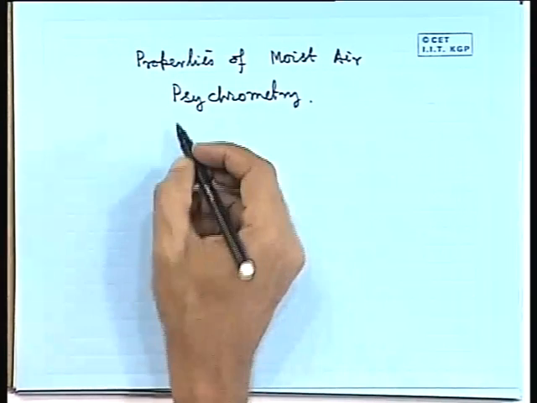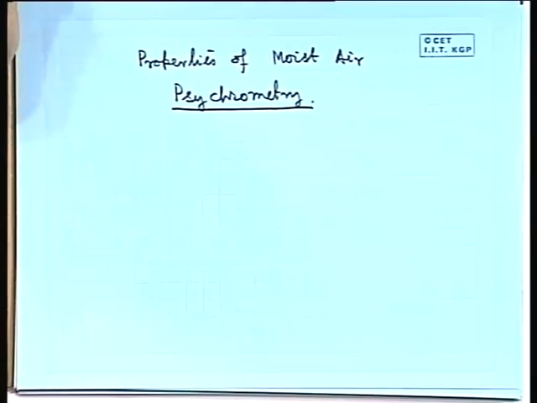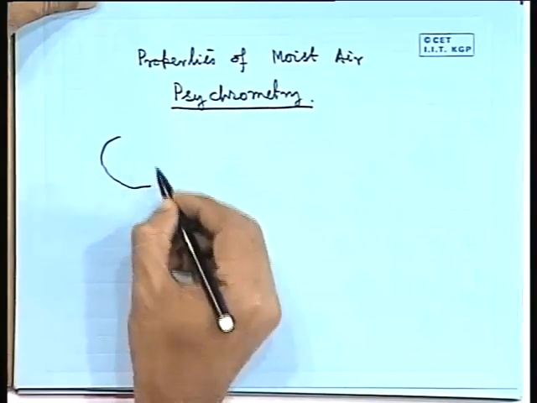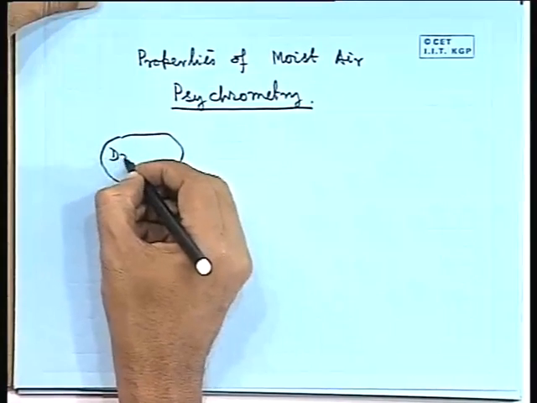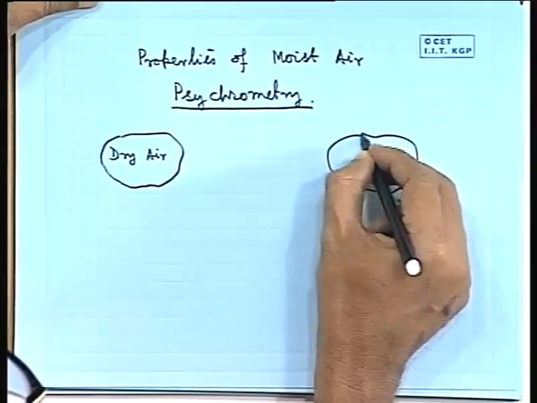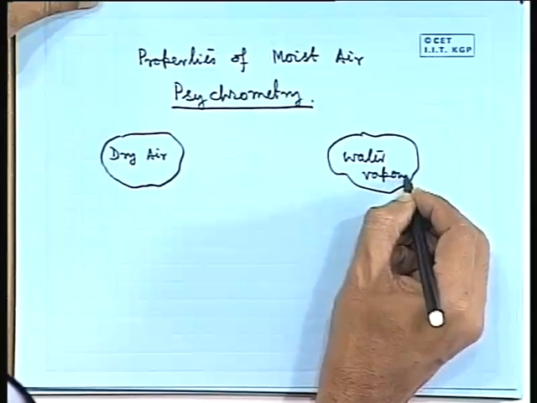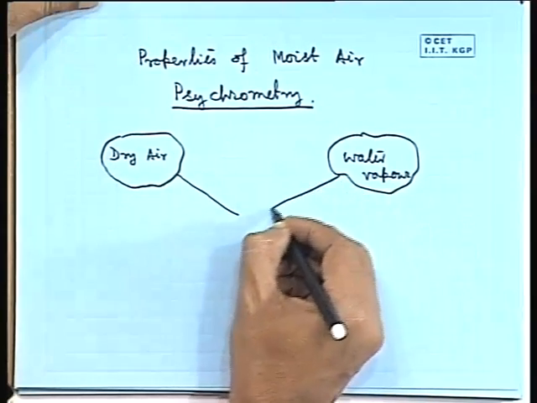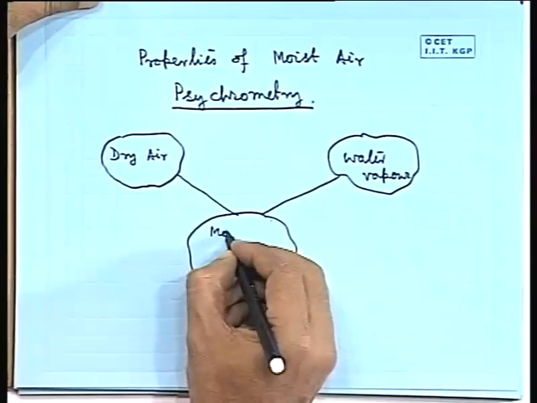Now, in this, basically we deal with a gaseous substance. This gaseous substance is made up of two things: dry air and water vapor. If we combine these two, we will have moist air.